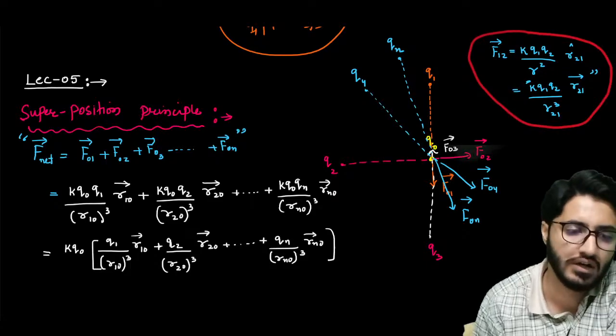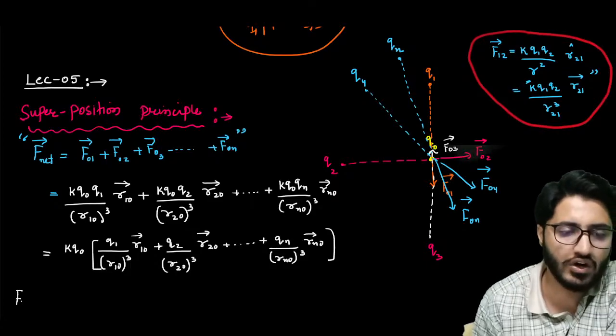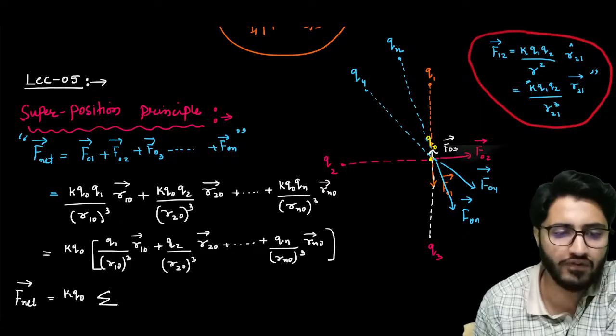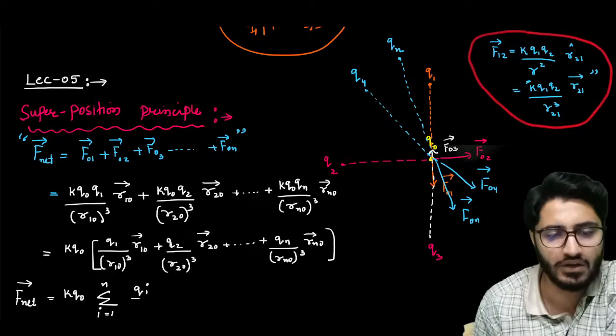Look now. So in a very shortcut way, how will I represent it? F net would be equal to K Q naught common, then summation of i from 1 to n, Qi whole divided by Ri0 cube, then Ri0 vector.